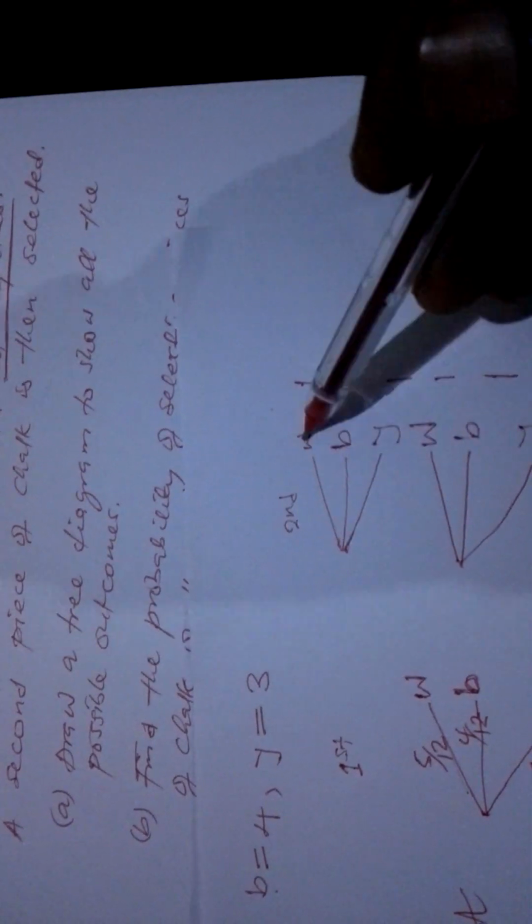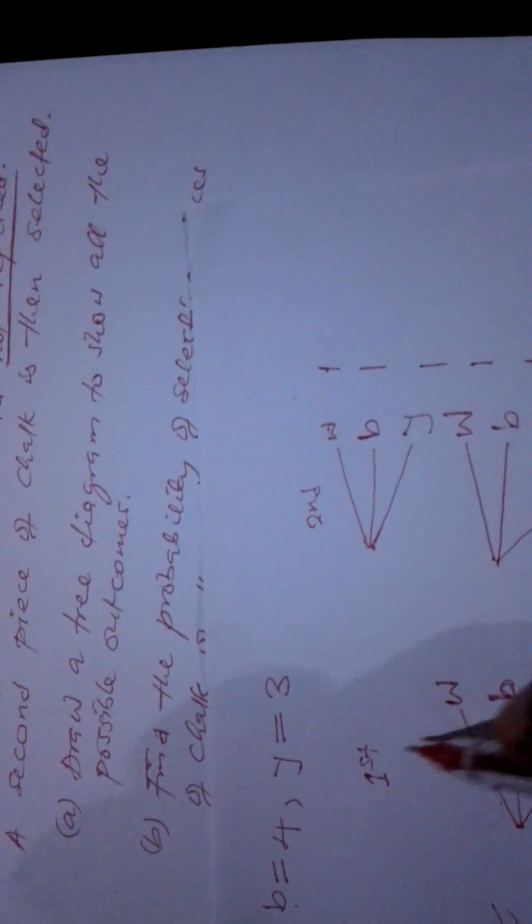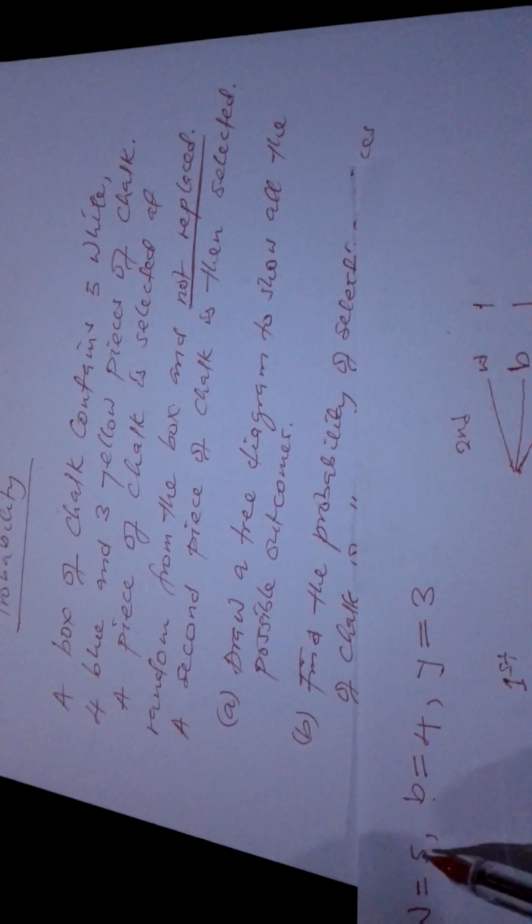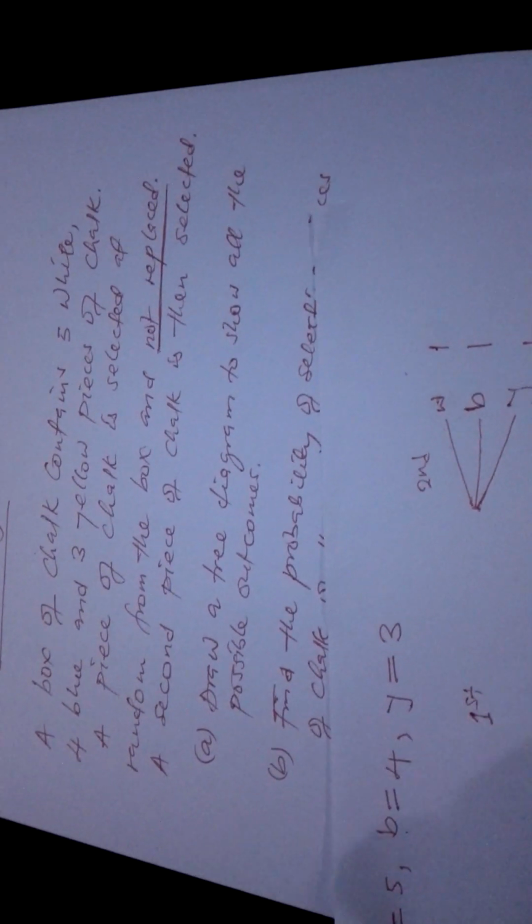So in our assumption, if it was the white chalk, remember in the box we had 5 white chalk. Now, in the first selection, 1 white chalk was picked. This is the selection for white. Here we are assuming that the second time it was a white that was picked.